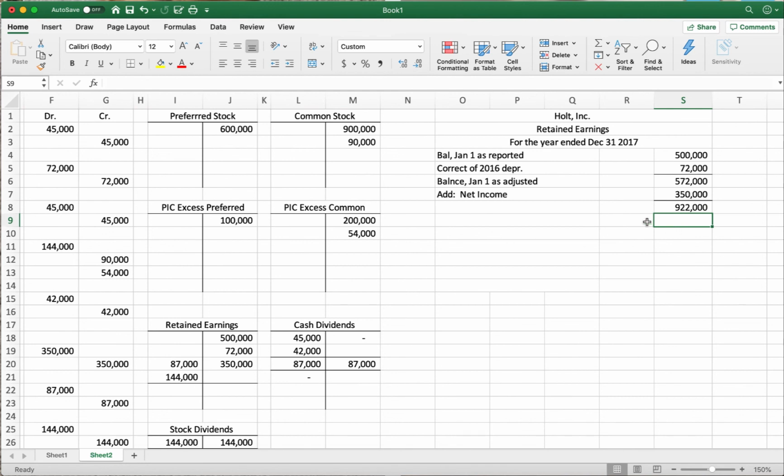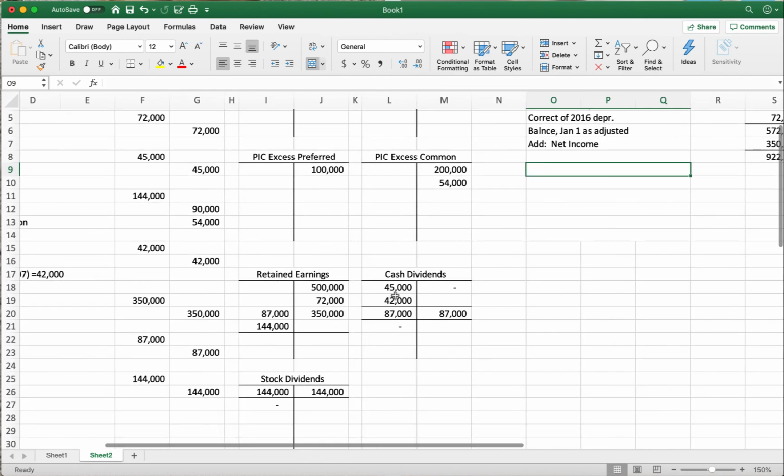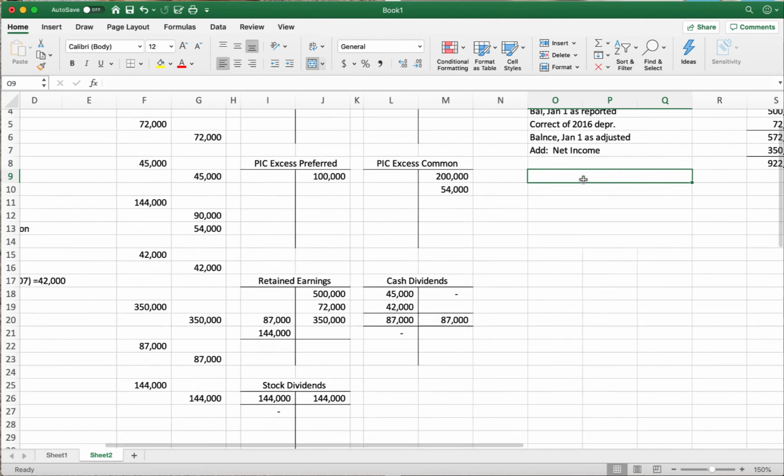So now, this is where we need to remember how did we pay these dividends, right? Because we have 2 cash dividends that we paid, and then we had a stock dividend that we paid, right? So I'm going to add up all these cash dividends, stock dividends that I posted, right?